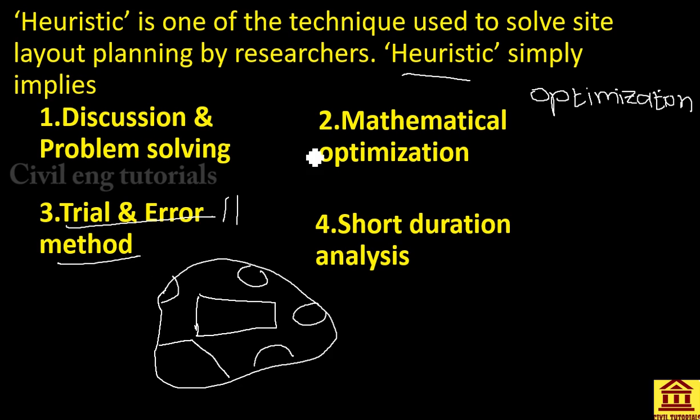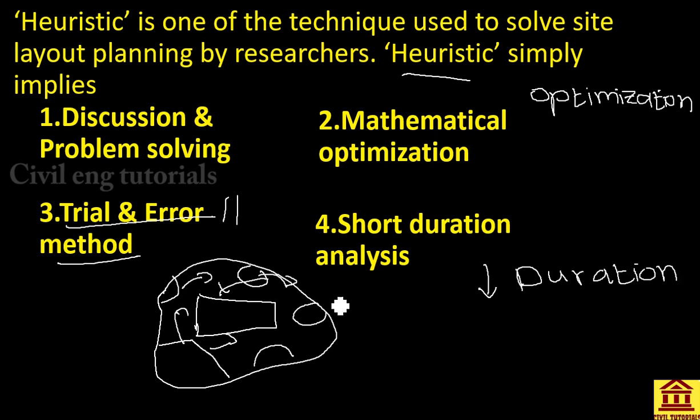Here I am explaining what heuristics is. Heuristic, the trial and error method, means we locate these facilities here, then here, and we do some trials while changing these locations. As you know, the main aim of site layout planning is minimizing the total duration, so that we can minimize our total overhead cost.